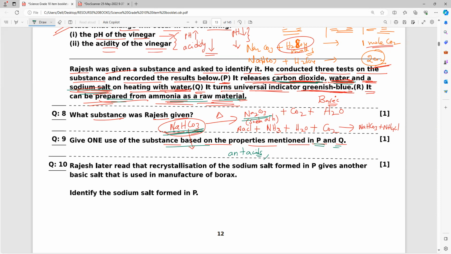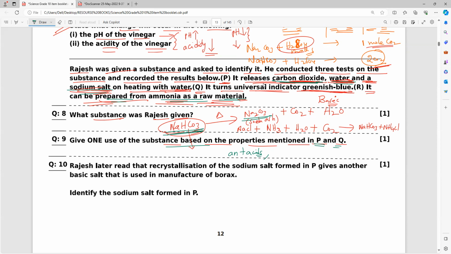Next. The importance of pH in daily life. Used for first aid in acidic insect bites, ant stings and bites. Write it down. Have we done the importance of pH in our everyday life?